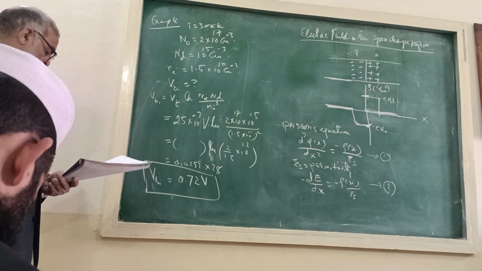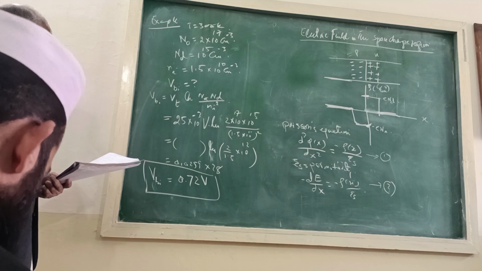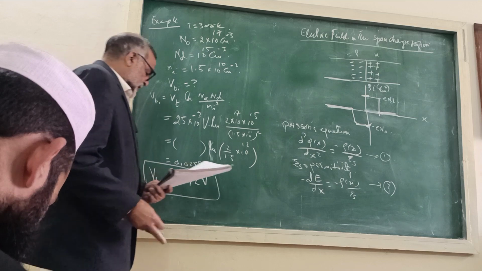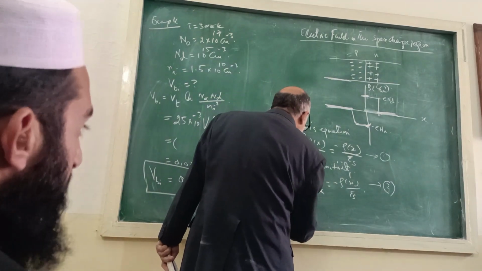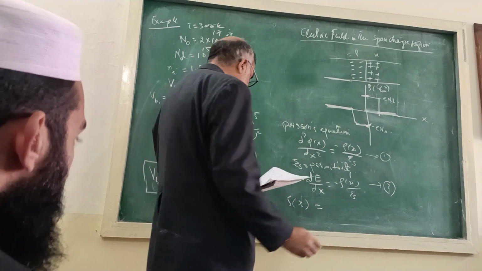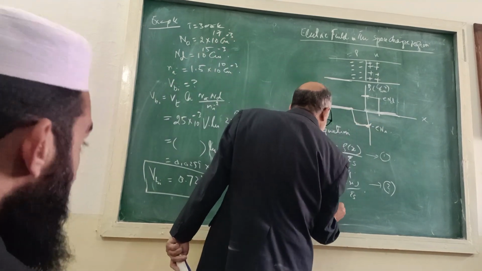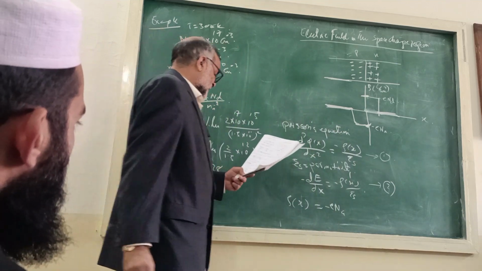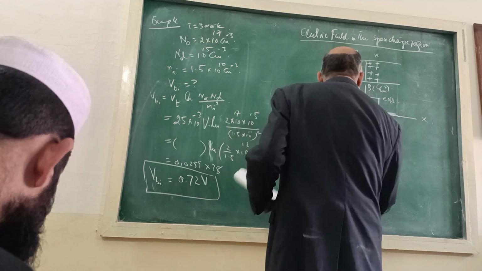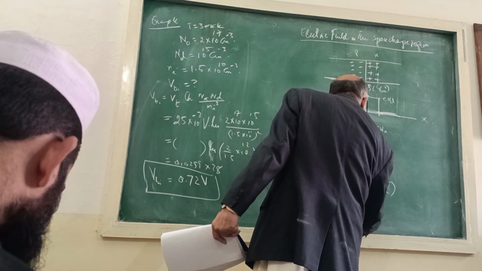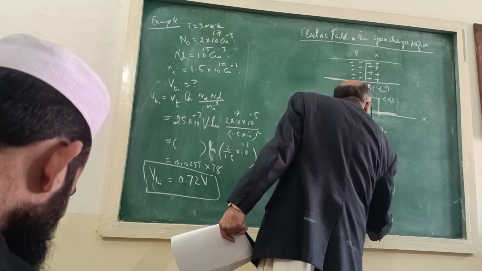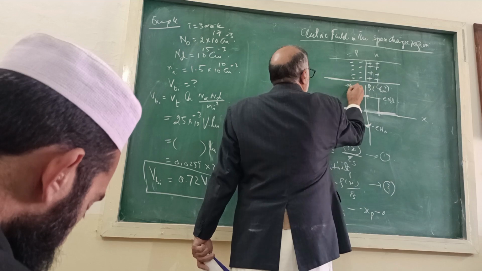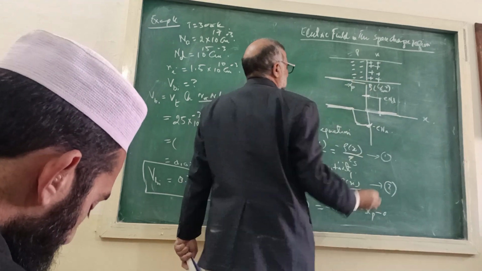To get the electric field, we have certain boundary conditions. rho of x is equal to minus e Na from minus xp to 0.